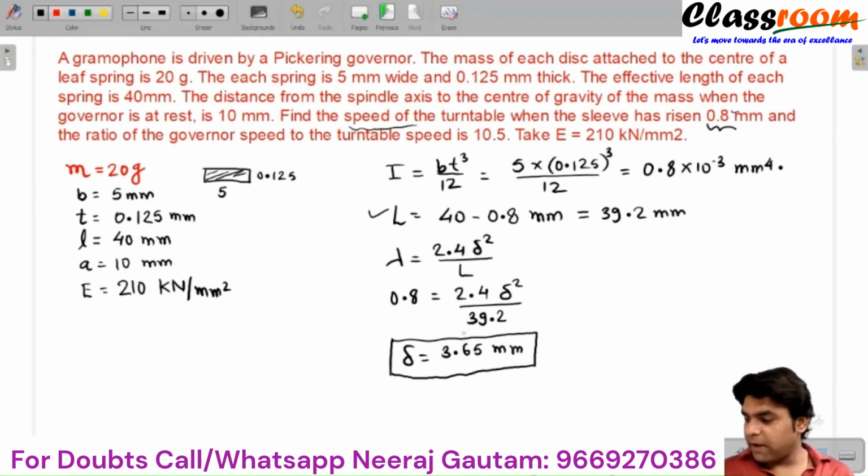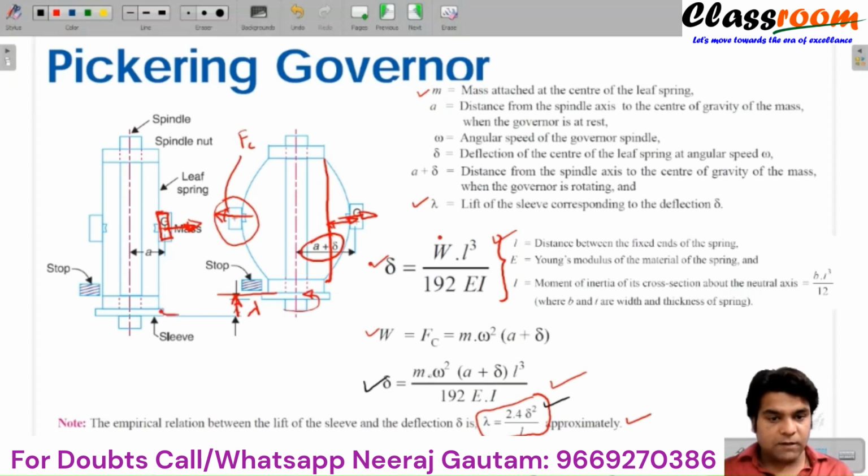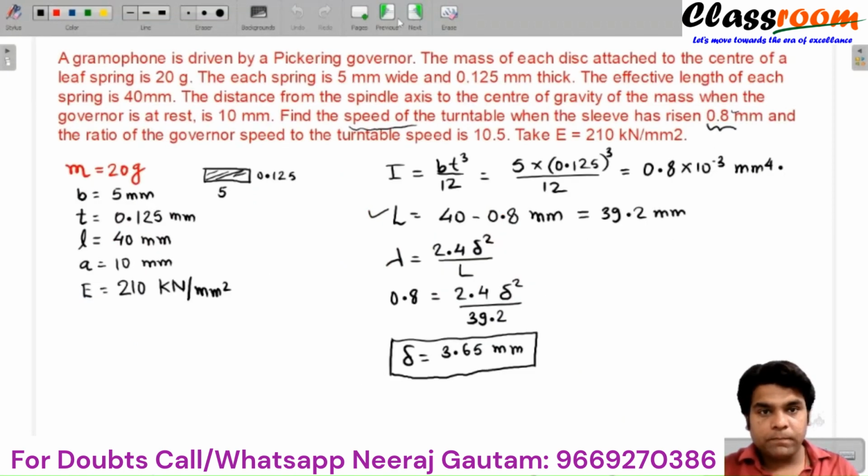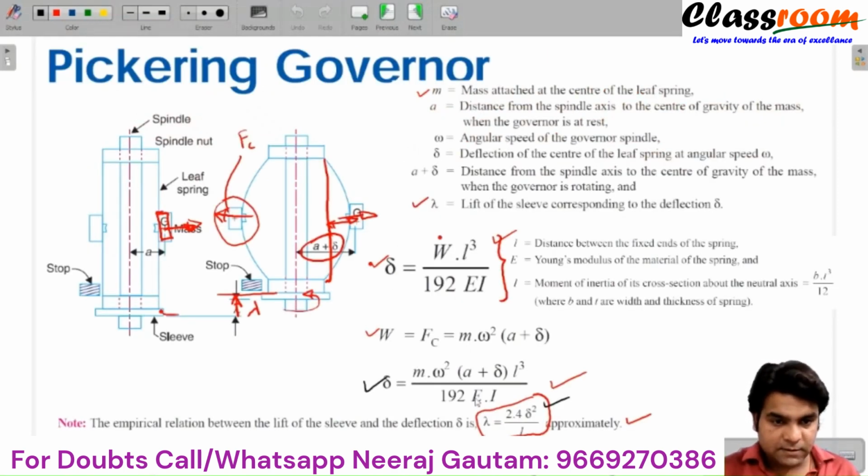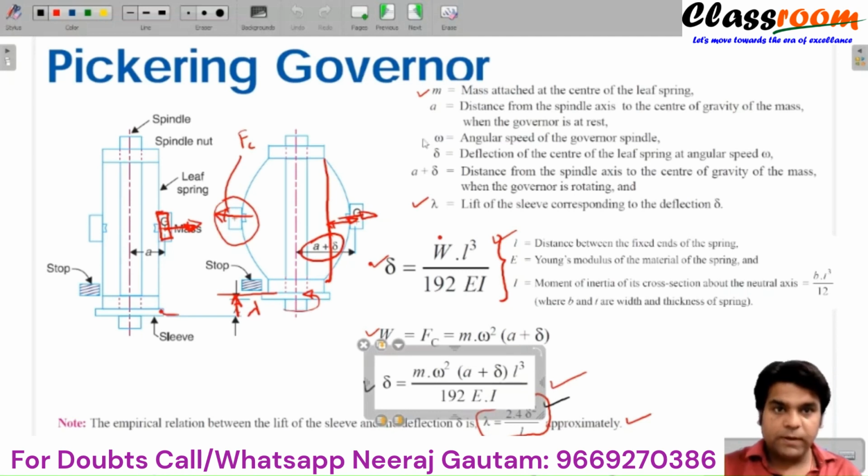Now we can determine the value of delta using this relation also. Delta equals m omega square into a plus delta into L cube by 192 EI. So using this relation, we can find the value of delta, but we know the value of delta. By substituting this value, we will find the unknown, which is omega.